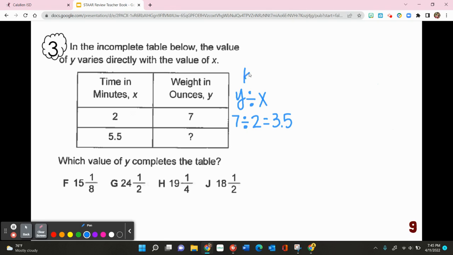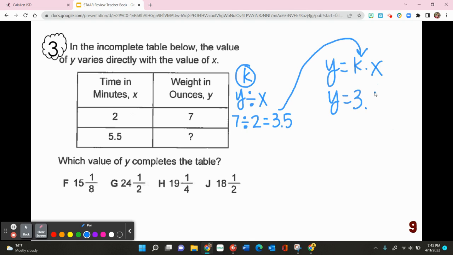So now, since this is my constant of proportionality, I'm going to plug this into the equation y equals k times x. So 3.5 is now going to be substituted for k. So this is y equals 3.5 times x. So now to find the value for y, I'm going to substitute 5.5 in for x. So here this becomes 3.5 times 5.5.